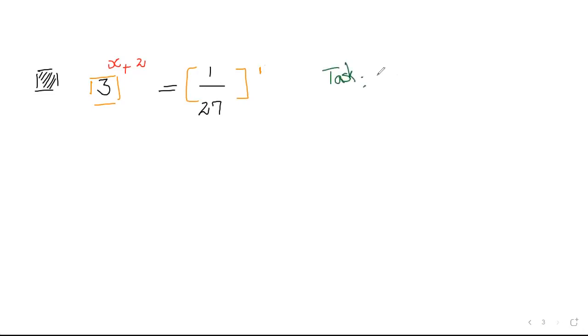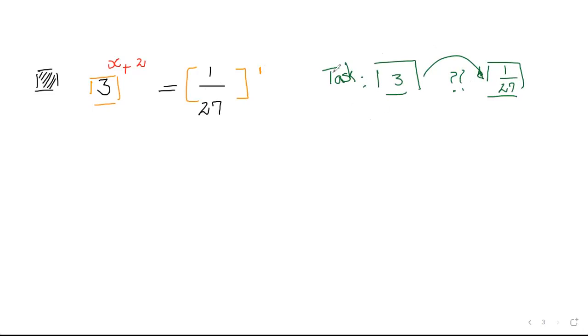The task is that we have 3. We are going to use a transformation to change it to 1 over 27. And the question is how? If we do that, the problem is solved because the exponents are going to be the same.